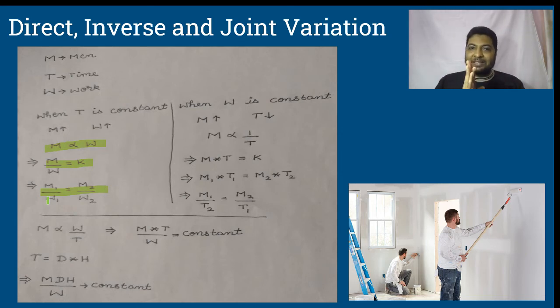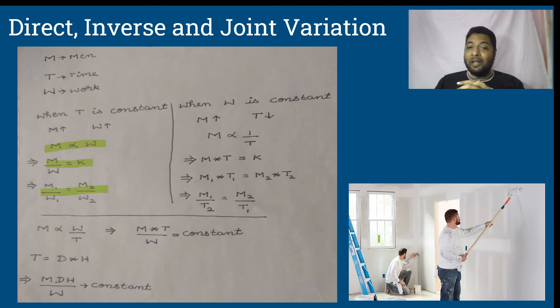Now, instead of considering the amount of time to be a constant, let us say the amount of work is a constant. The amount of work to be done is to paint this entire room. If more people start painting, what happens to the amount of time that they take? They will be able to finish fast. They'll be able to reduce the amount of time.